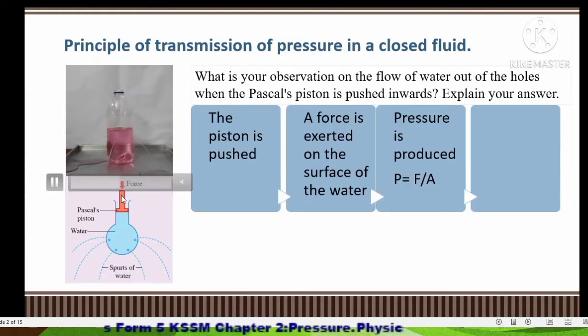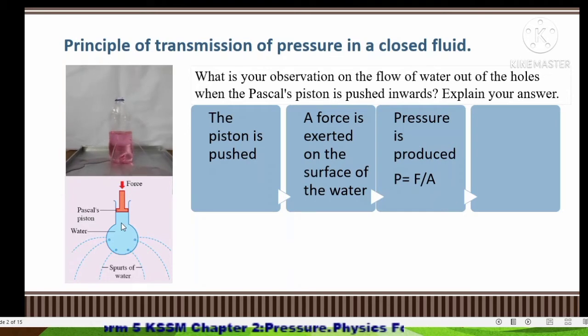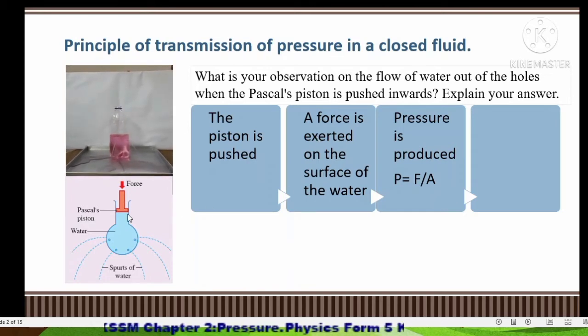First, the piston is pushed. It will exert force on the surface of water. We have discussed earlier, pressure equals force divided by area, or force per unit area. Meaning pressure is produced.